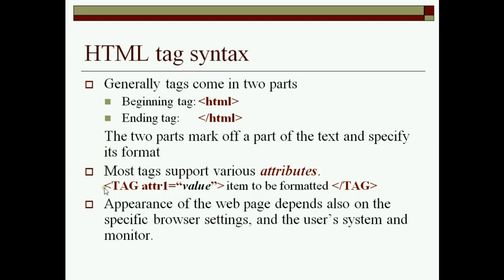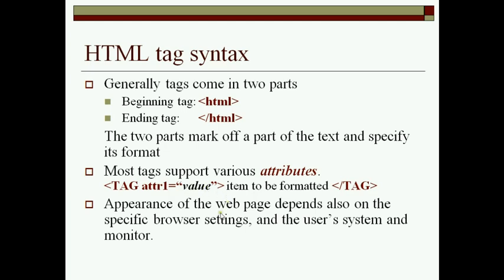Most tags also support various attributes. For example, some tag, now this is not exactly a tag, but a reference to any tag, can have attributes. Like, for example, some attribute will be a certain value.